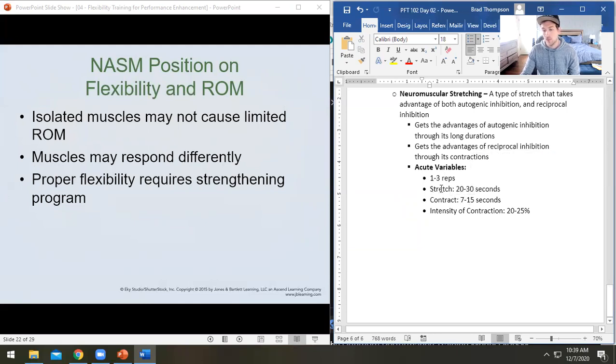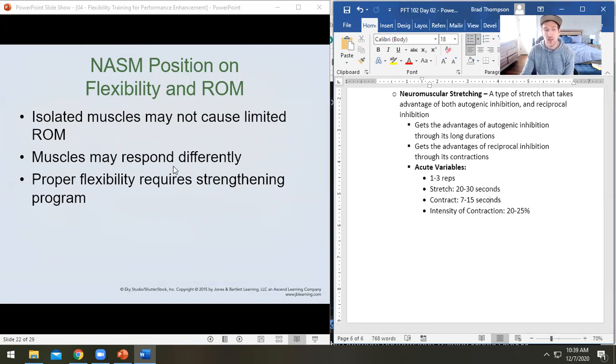So the stretch followed by the contract would be 1 rep. I would maybe hold for 30 seconds, contract for 15 seconds, hold for another 30 seconds, contract for 15 seconds, hold for 30 seconds, and then I'd be done. And those contractions, by the way, don't need to be maximum effort contractions, 20 to 25%. It's not like your client has to pull really, really hard.